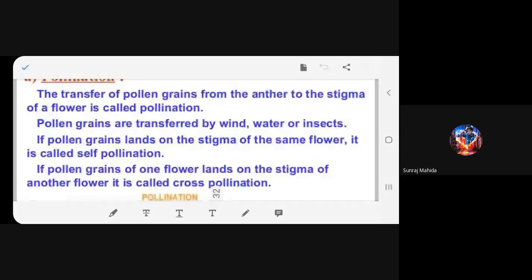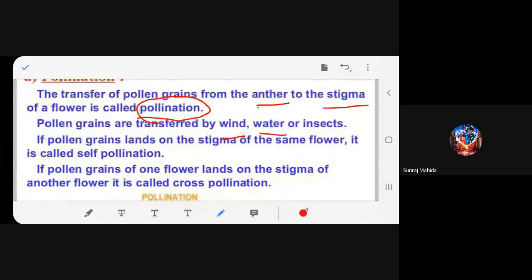Where is it landing? Stigma. The method is called pollination. How does it happen? It is either by wind, water, or insect. We saw insects, isn't it? The petals attract insects. We saw that, isn't it, beta? Yes, colorful petals attracting insects.